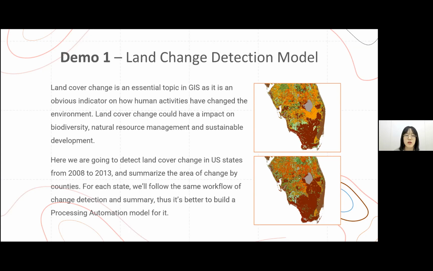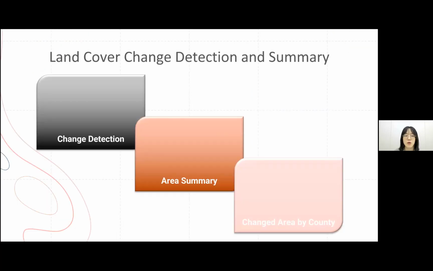So before we create the model, first we need to have a clear understanding of how to detect land cover change and summarize it by county. Actually we have three parts.